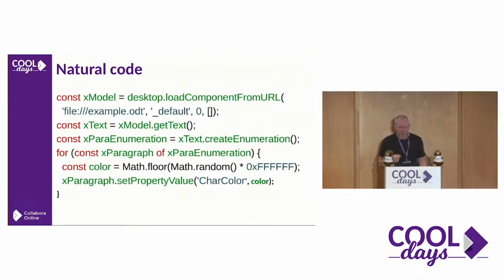Two lines further down, you see we're iterating over something. What goes on behind the scenes is that there is some, I can't even remember the name, constant star XEnumeration, whatever UNO interface, that then has some method asking, is there another, are there still more elements I can get, yes or no, and then there's another method to get the next element, and then you need a query interface, because what you get out of that is a generic any.